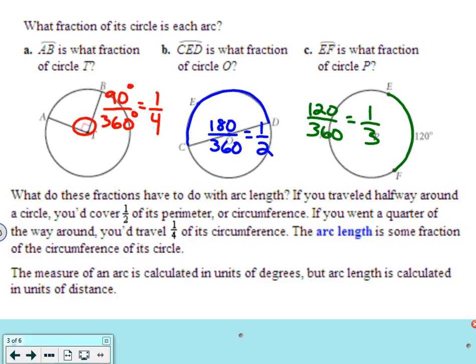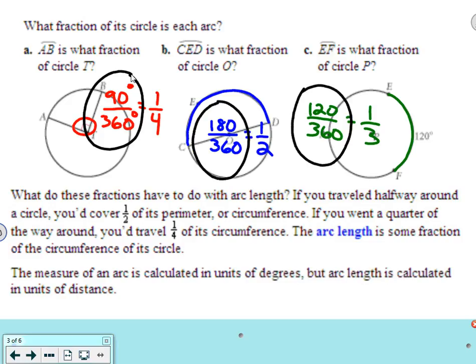Now, if we take the definition of arc length that we've gotten here, some fraction of the circumference of its circle, and we look at our examples up above again. The fraction of the circumference comes from this, this, and this.